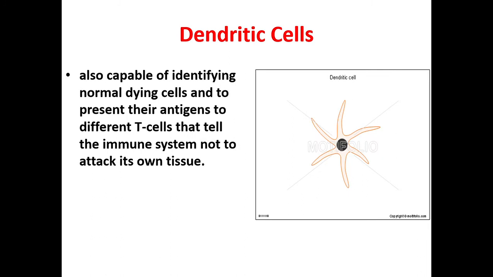The dendritic cells are also capable of identifying normal dying cells and to present their antigens to different T cells that will tell the immune system of the body not to attack its own tissue.